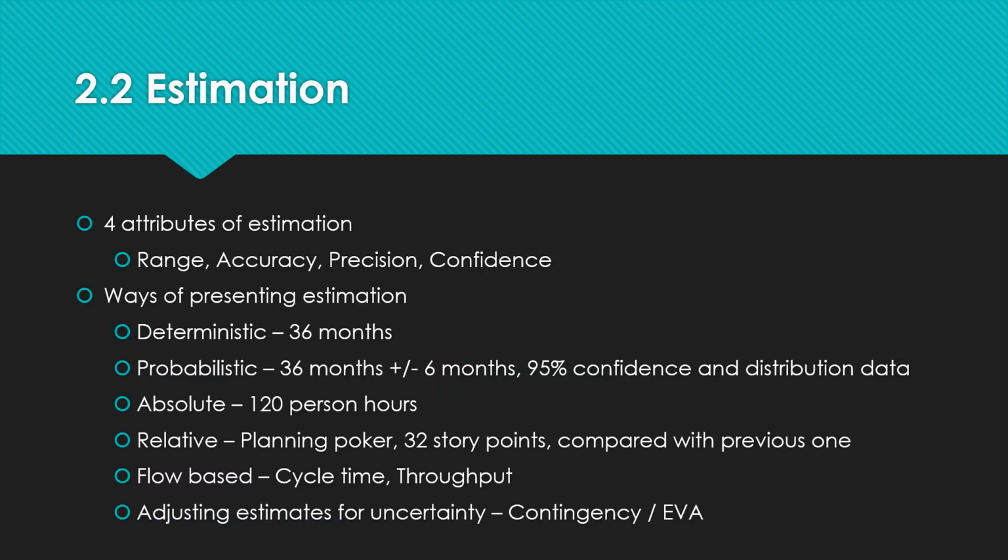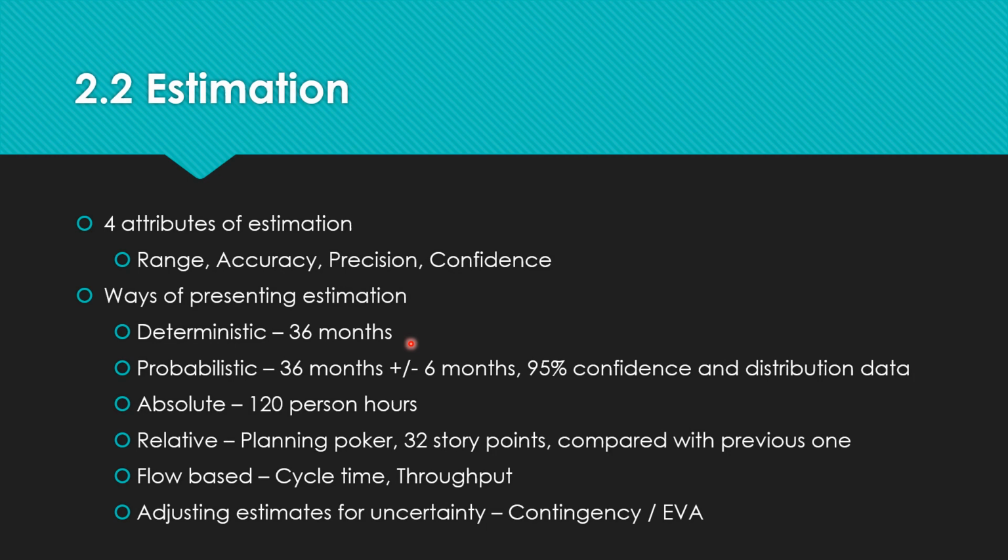The second important aspect in planning is estimation, right? There are a number of ways you can present your estimation. There is a deterministic way of presenting estimation, telling that this project will take 36 months, precisely. It is always riskier to provide deterministic information if certain things are uncertain in nature, if there are unknown areas.